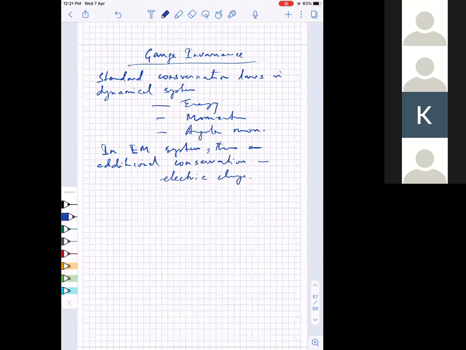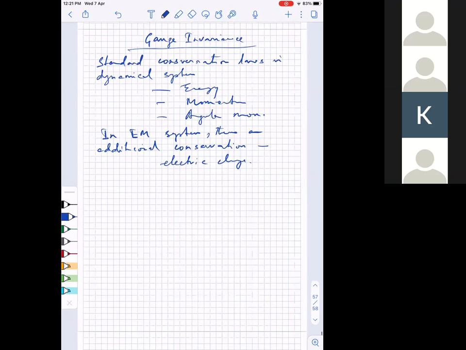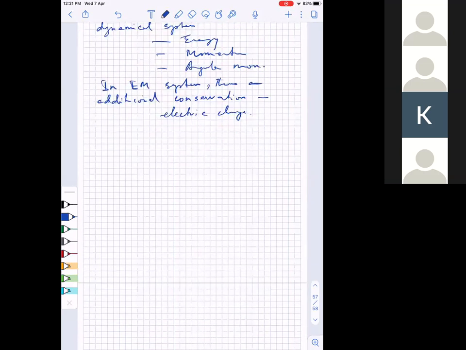So electric charge is an extra thing that needs to be conserved in ED, electrodynamics, other than what is already there. This does not come in ordinary classical mechanics. Everything else that was there in classical mechanics, you can write down a counterpart over here. But this part does not appear in ordinary classical mechanics. So this actually is connected to the invariance of the electromagnetic field related to the potential. Because the electric and magnetic fields are connected to the potential in a particular way.